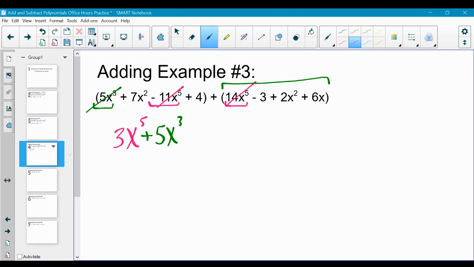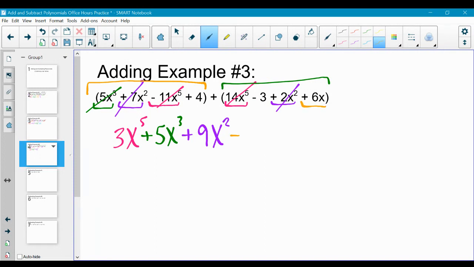Next, we're going to look at the x squared. So positive 7x squared plus 2x squared. So we're going to have a positive 9x squared. That gets rid of those. Next, I notice I don't have any x to the first power in the first polynomial, but I do in the second.